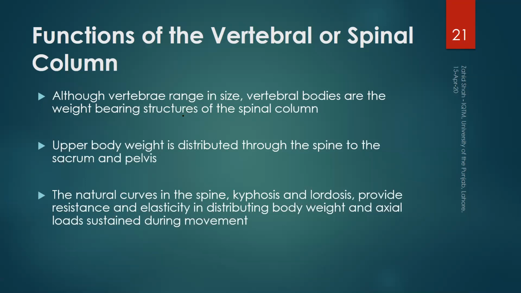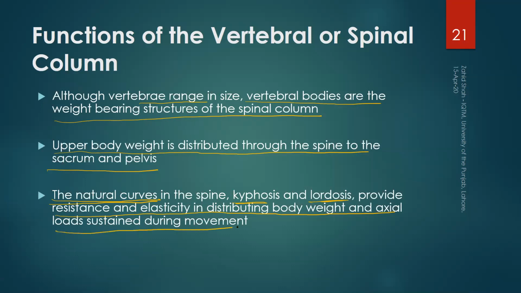We have seen that they range in size. Vertebral bodies are the weight-bearing structure of the spinal column. Upper body weight is distributed through the spine to the sacrum and pelvis. And the importance of the curves is also to be noted. Kyphotic and lordotic curves provide resistance and elasticity in distributing body weight, and axial loads sustained during movement.